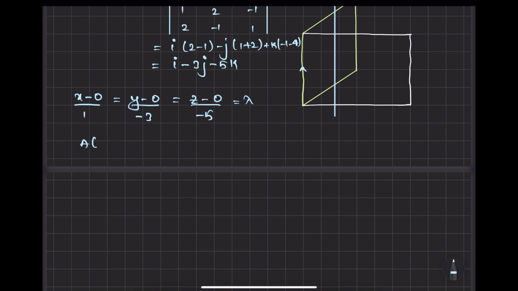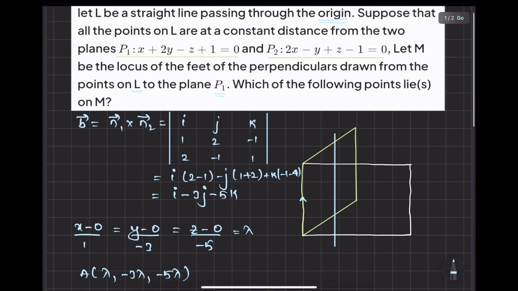Suppose point A. So it is lambda, minus 3 lambda, minus 5 lambda. So this is your point on the line. Now suppose that the foot of perpendicular will be alpha, beta, gamma.